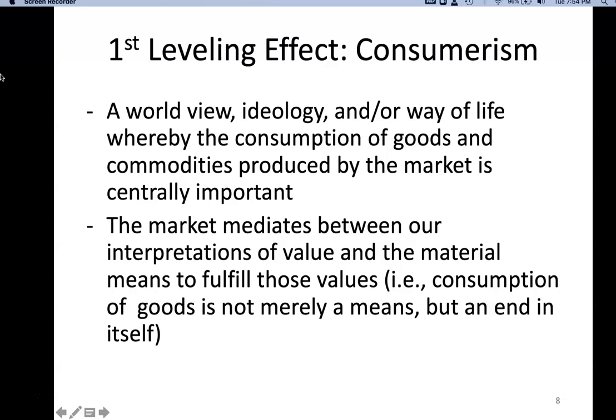Okay, so consumerism is what describes this.